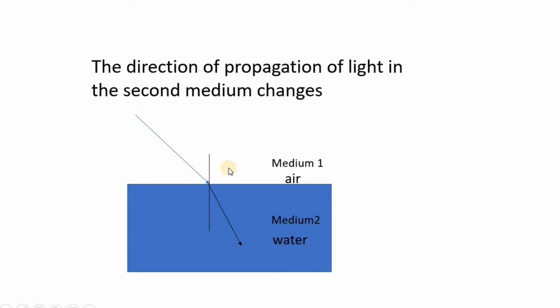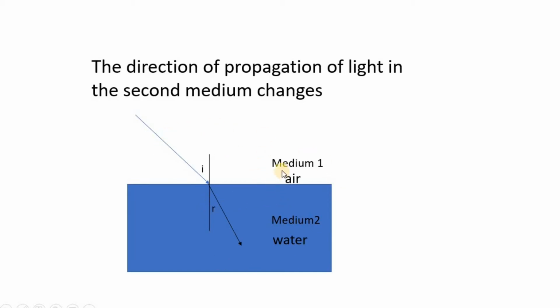Then we have the angle of incidence, which is the angle made by the incident ray with the normal. The angle of incidence is represented by the small letter i. And we have the angle of refraction, which is the angle made by the refracted ray with the normal. Is it clear?